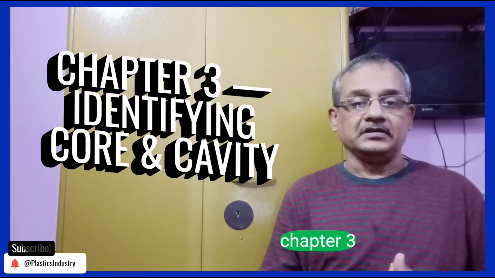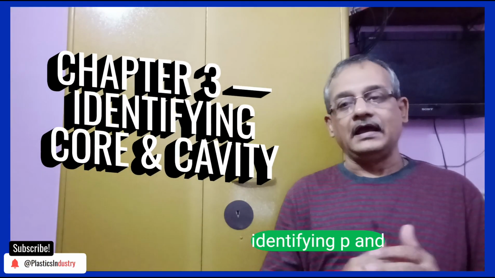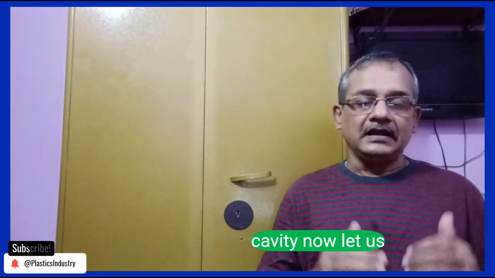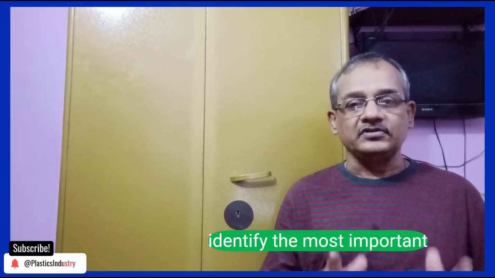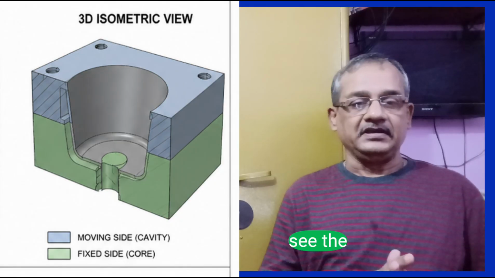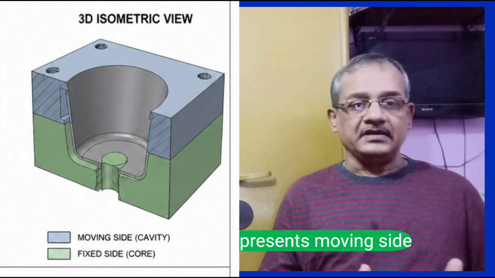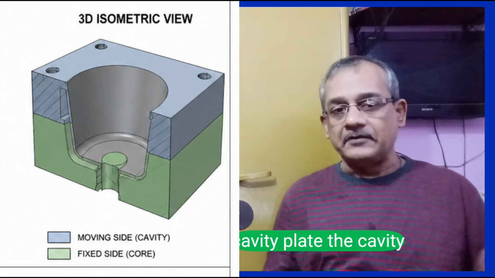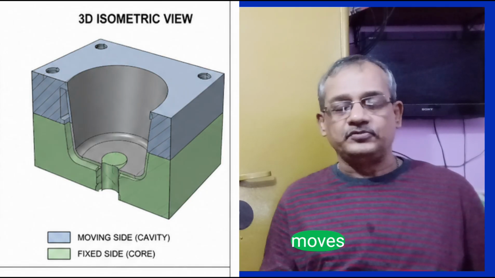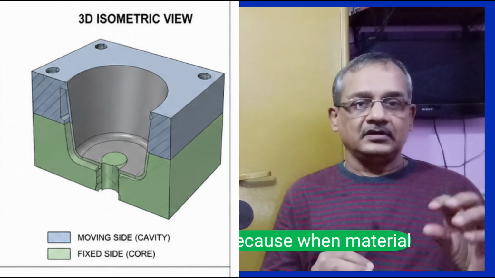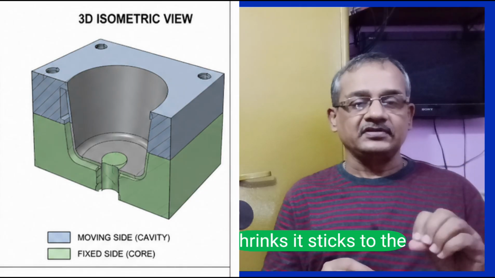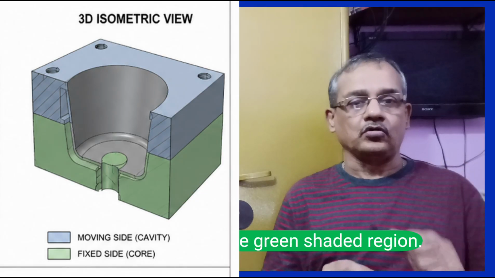Chapter 3. Identify core and cavity. Now let us identify the most important parts. In the drawing, you will see the first region represents moving side cavity plate. The cavity moves because when material shrinks, it sticks to the core.